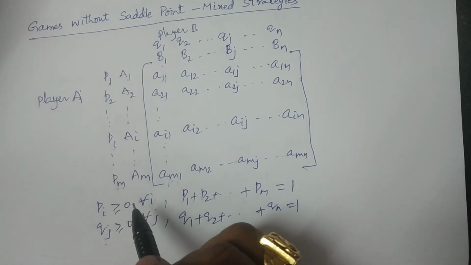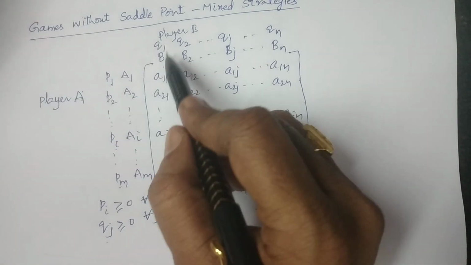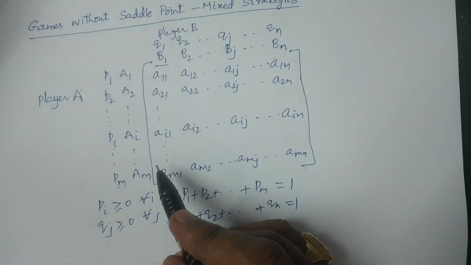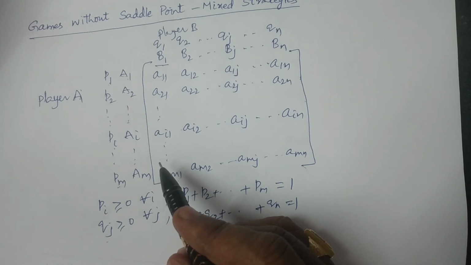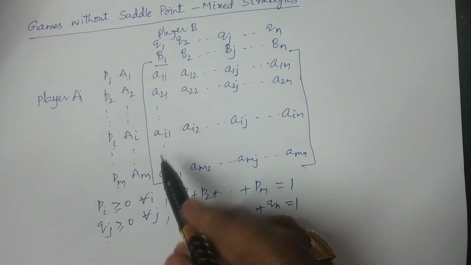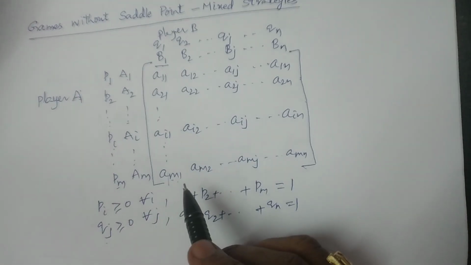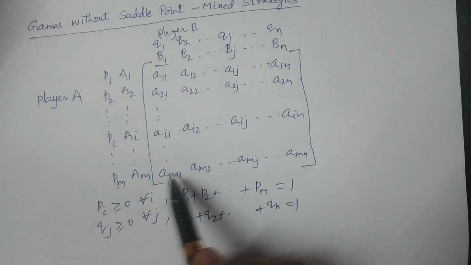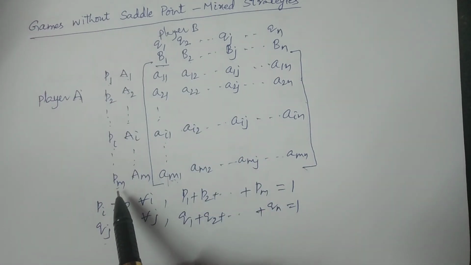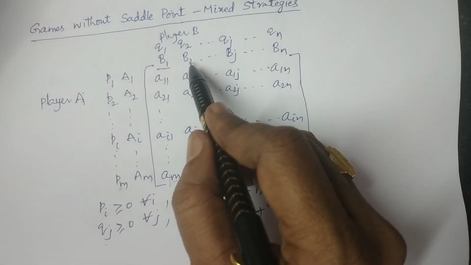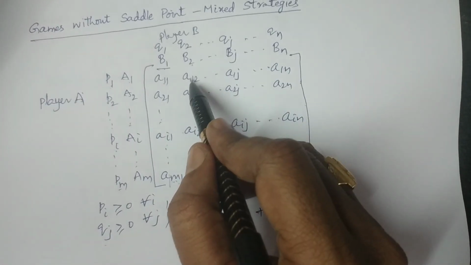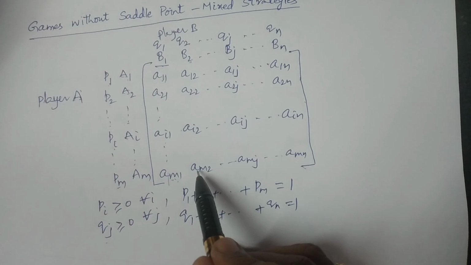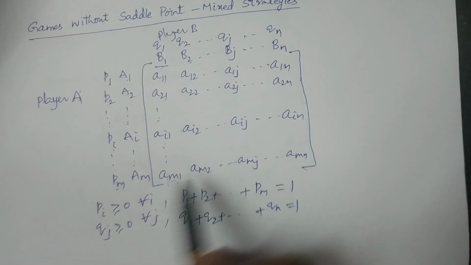So that is, if player B selects the strategy B1, then this is the reply, and player A will expect this much gain if player B uses this particular strategy. That is obtained by simply multiplying the first column with the probabilities P. Similarly, if player B uses the strategy B2, you multiply this column, the payoffs of player A, with the probabilities.